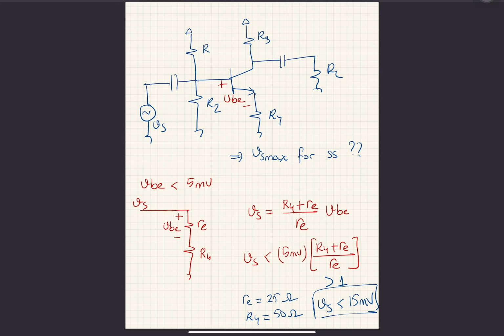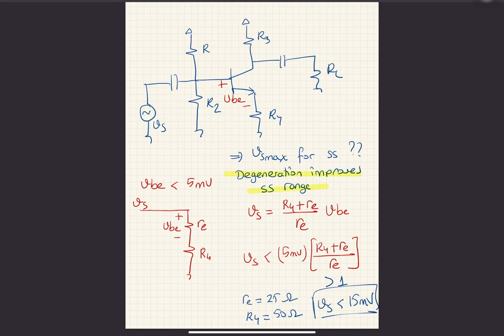So maybe we can write it in here. Degeneration improves small signal range. And this is quite logical. Why? Because nonlinearity improves with gain. When you increase the gain of an amplifier, distortion increases, nonlinearity increases.